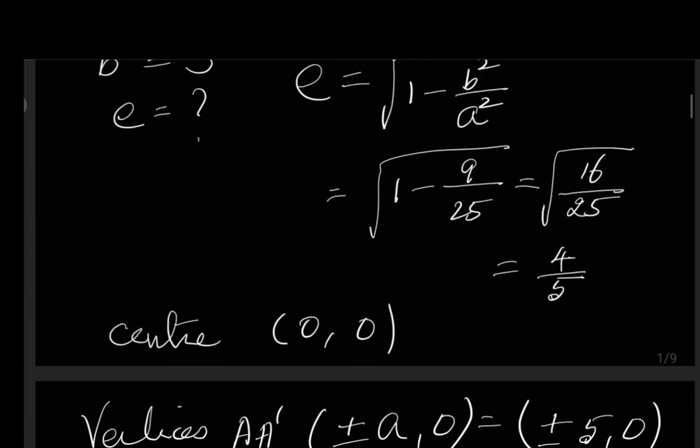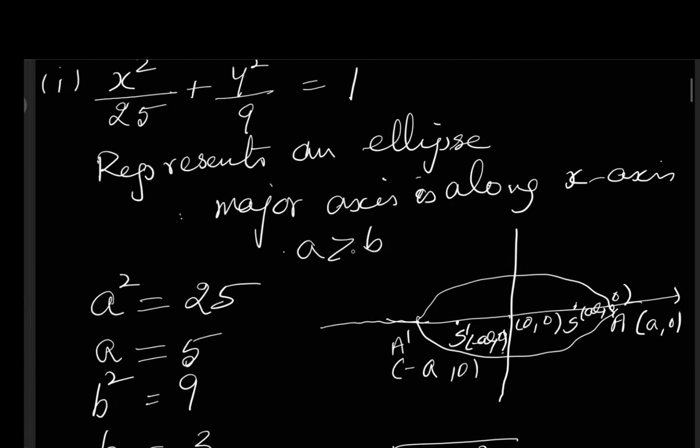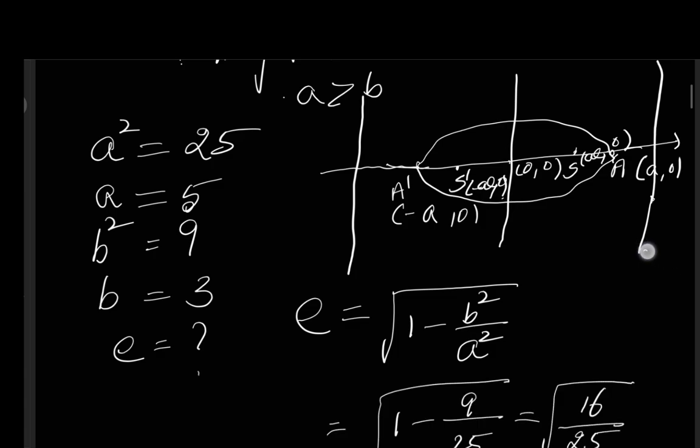See, where is this directrices? Actually, it is outside the curve. Outside the curve, it is parallel to the y-axis. So, x is equal to here a by e and x equal to minus a by e. Both the directrices are parallel to the y-axis, at a distance of a by e from the origin.